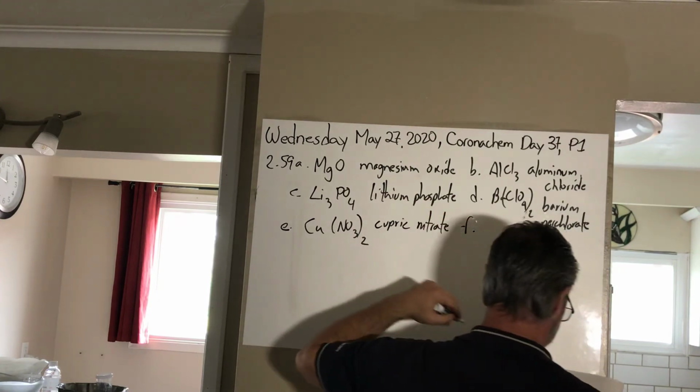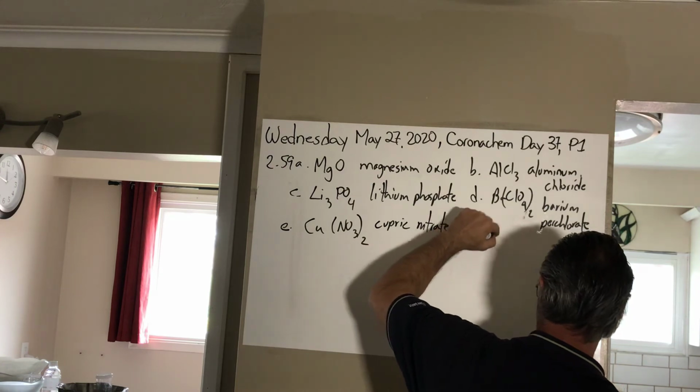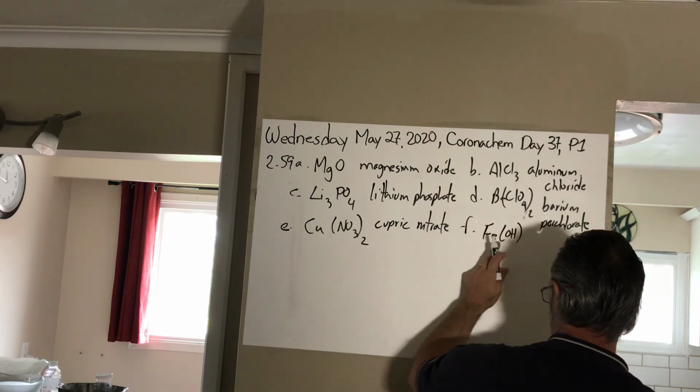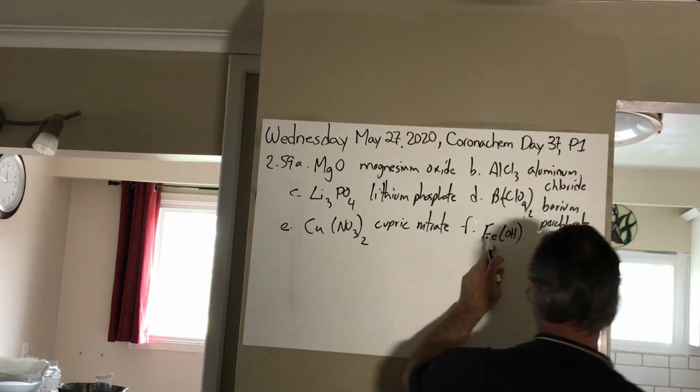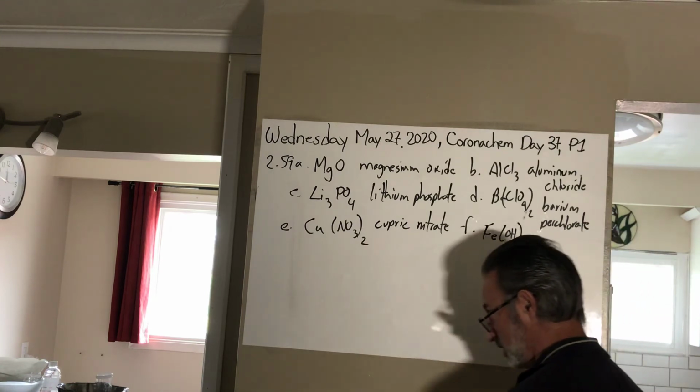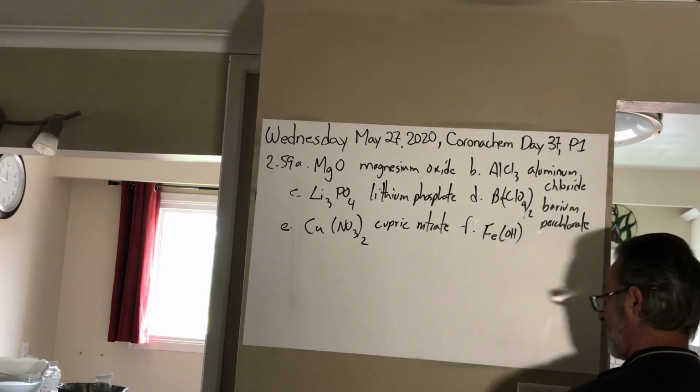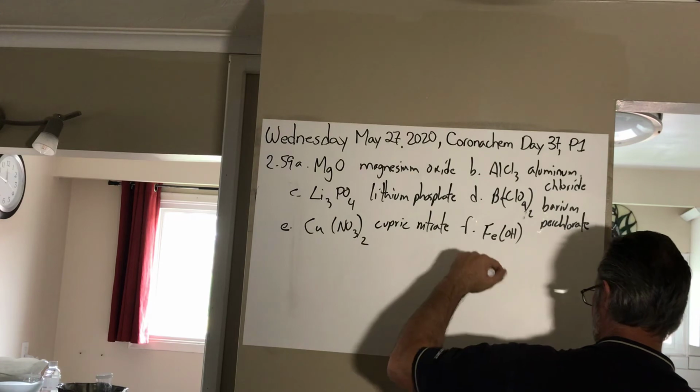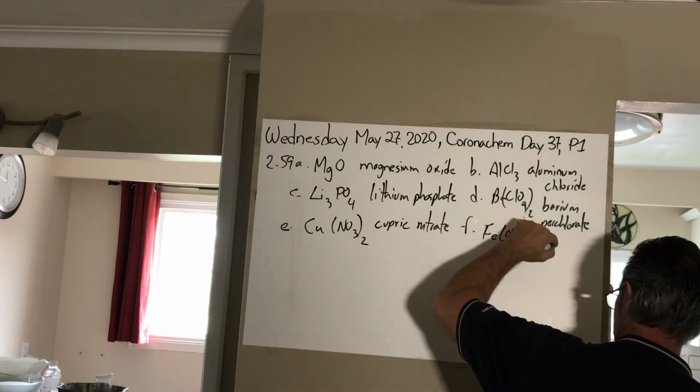F has Fe(OH)2. That's the lower form of iron, because it's Fe2 and Fe3, so one is ferrous, the other one is ferric. The higher one is always ic, so this is ferrous hydroxide.